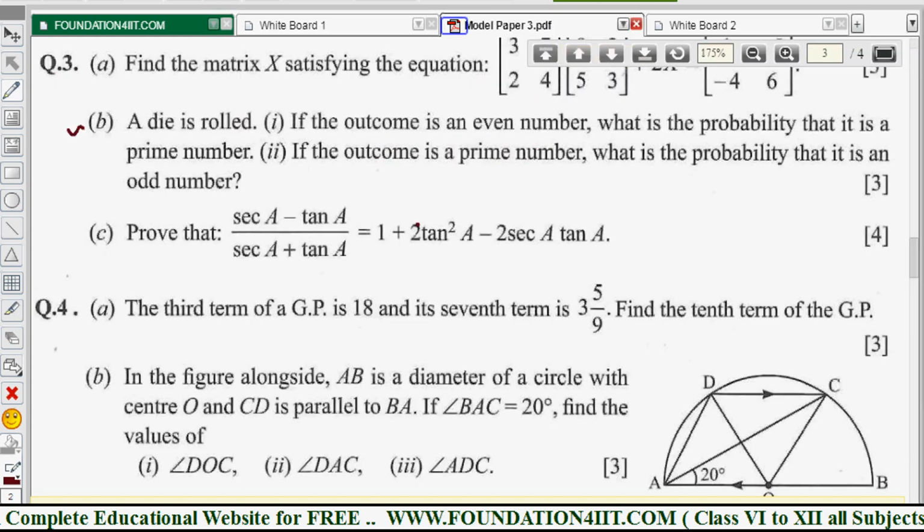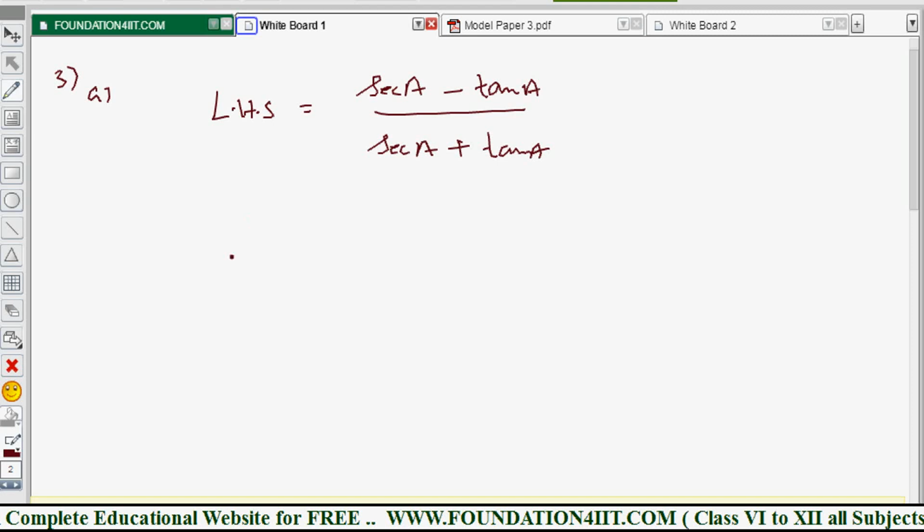Now if you observe the RHS, 2 tan square A, there are squares. Then you can multiply both numerator and denominator by sec A minus tan A, because for the squares we need to get (A plus B) whole square or (A minus B) whole square. Just multiply both numerator and denominator by sec A minus tan A to get the output.